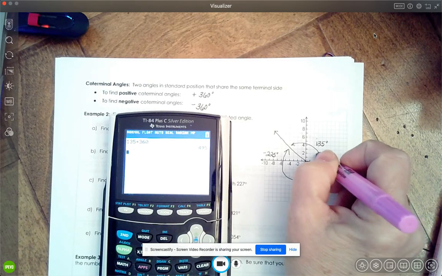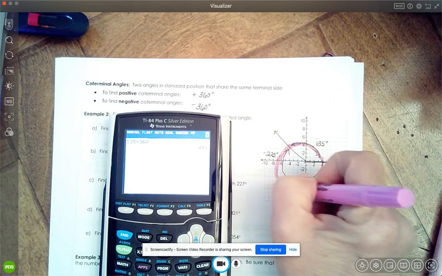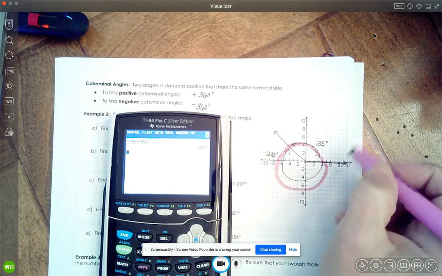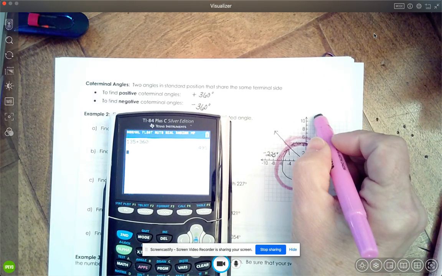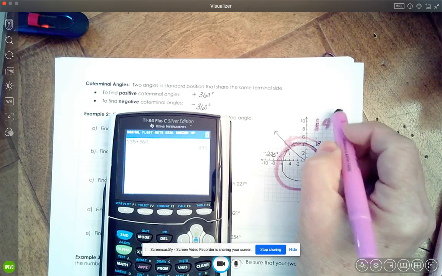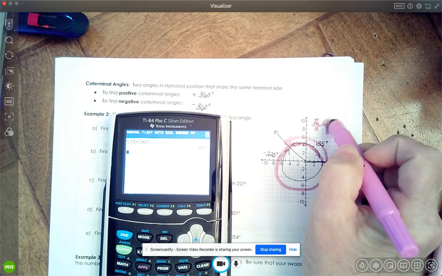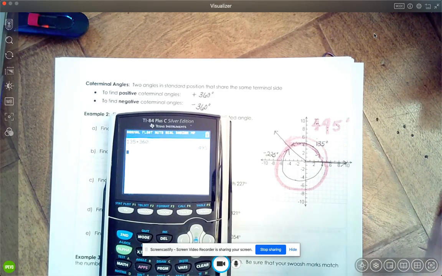If I start here, I go around 360 degrees and then 135 more. Right there is 495 degrees. As long as I keep adding 360 degrees, I'm going to have coterminal angles. 855. Add 360, 1,215.